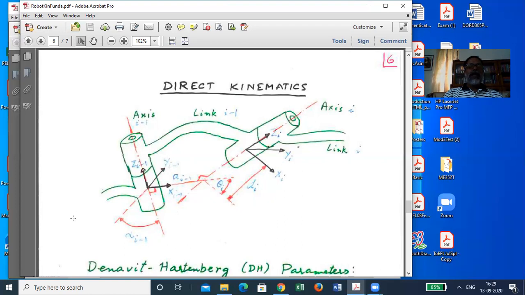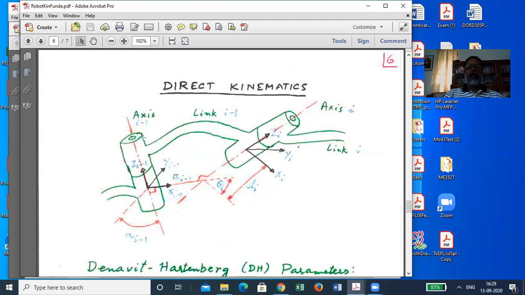And so you have link 0, which is the frame. After that, axis 1, link 1. Axis 2, link 2. So you do not have any axis 0. So link i minus 2, then axis i minus 1, and so on.